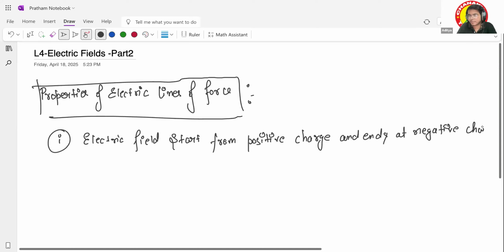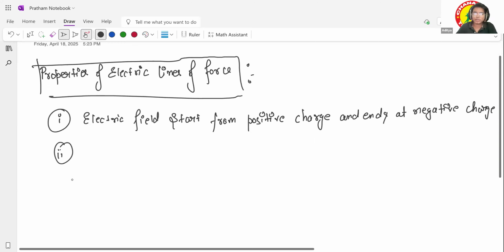Okay, next one. What can be the next property? Just assume I have an electric field like this. If I ask you what is the direction at this point of this electric field, how will you get to know? Assume I give you some figure, and for a charge, the electric line looks like this.